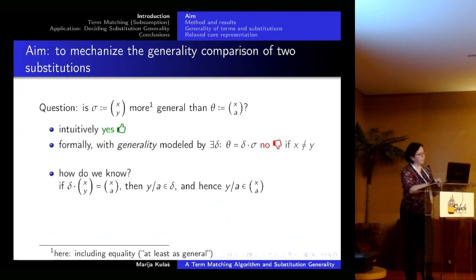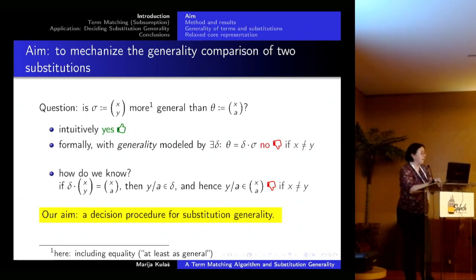So assuming we have found such a delta and compose it with x to y, well, in order to obtain as a result x to a, to the constant a, we would have to connect this y with y to a in delta. So in case y and x point to different things, we would have two bindings in our result instead of only one. So that's the reason.